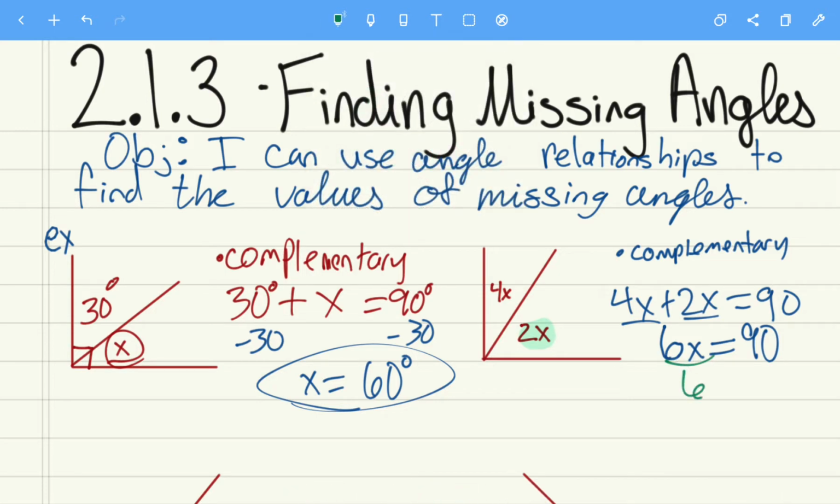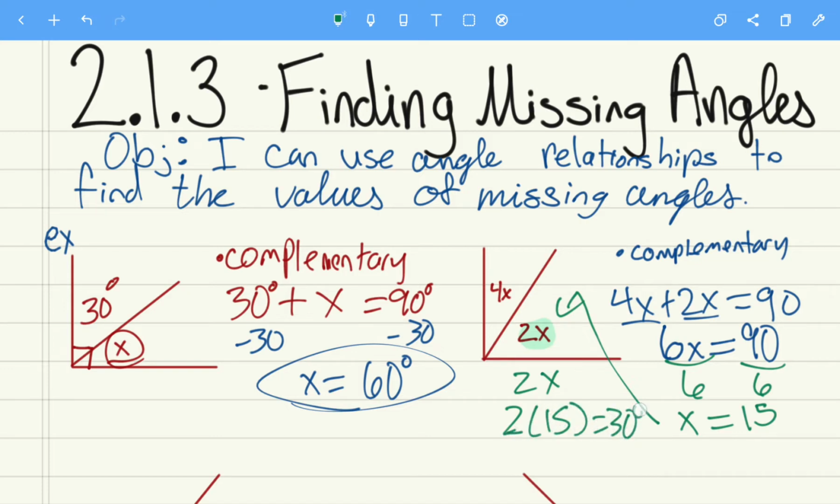To get the x alone, we divide both sides by 6. This gives us x equals 15. We want to plug that back in for 2x. So we got 2x, replace the x with 15, which gives us 30 degrees. And we are done with that one.